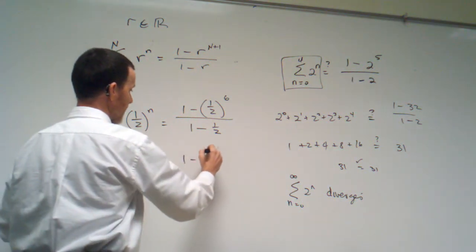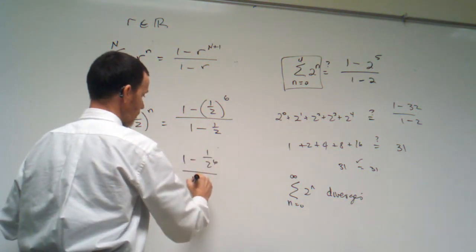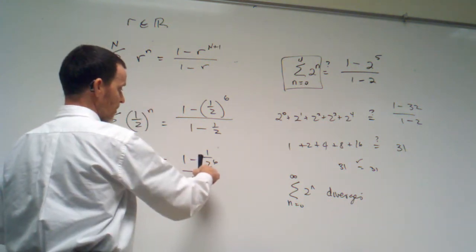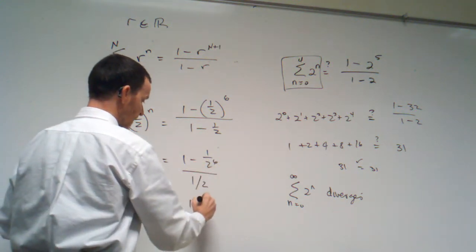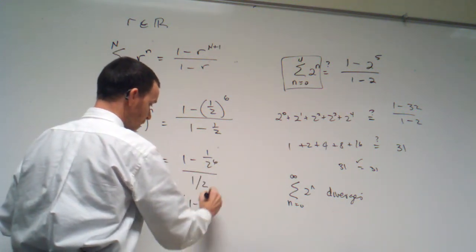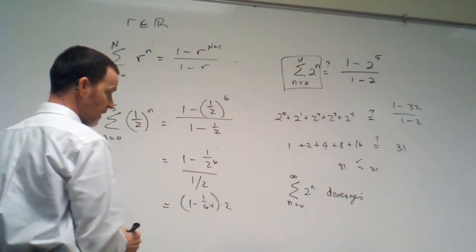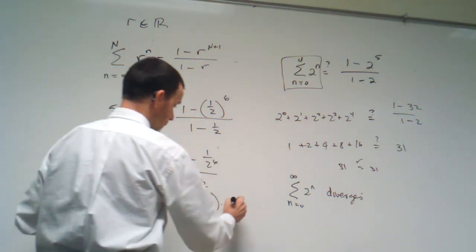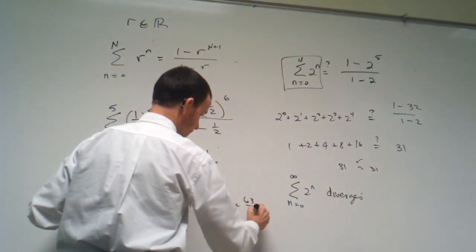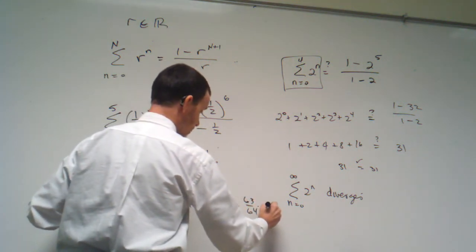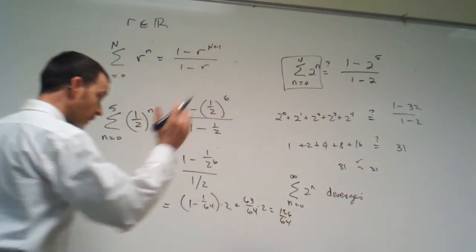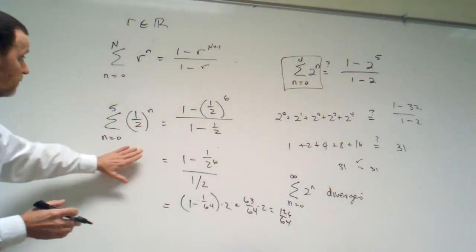So that's 1 minus 1 over 2 to the 6th over a half. Let's see, 2 to the 6th is 64. 1 minus 1 over 64, all times 2. 63 over 64 times 2, 126 over 64. Whatever it is, it's a number.